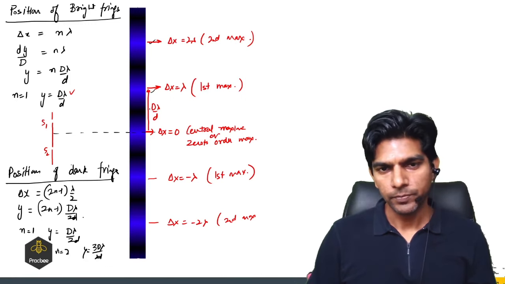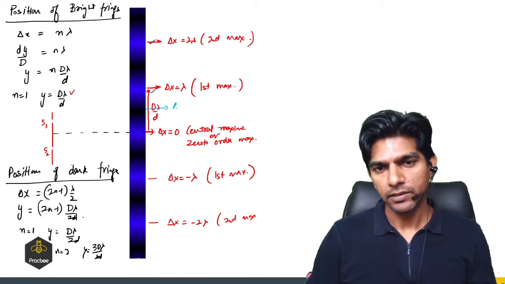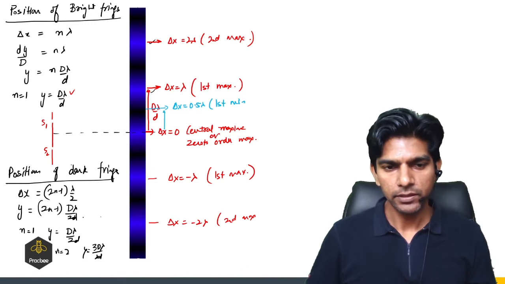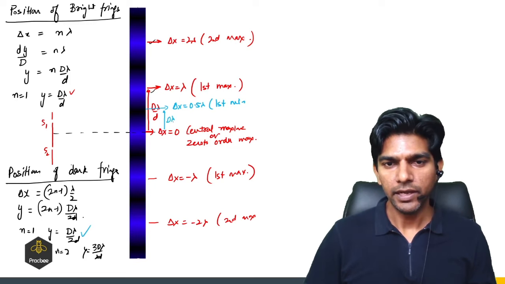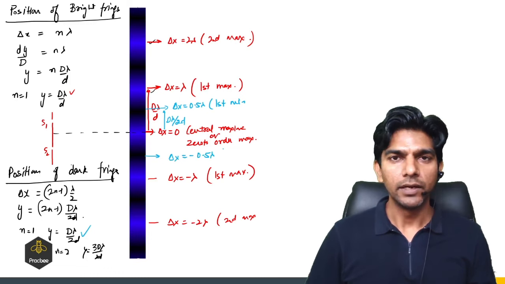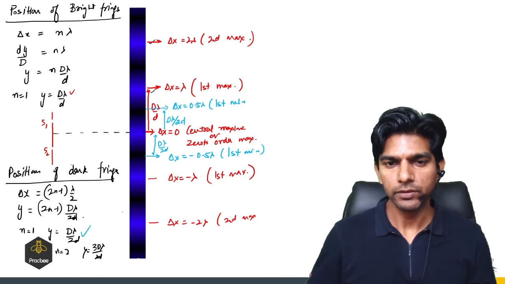Okay, let me show you. At this point, the delta x is 0.5 lambda, and this is the first minima, and its position is capital D lambda by 2d. Similarly, at this, delta x is minus 0.5 lambda. Again, it is first minima, and its position from the central maxima will be capital D lambda by 2d.